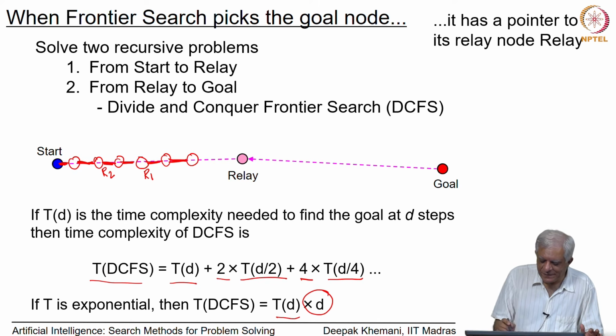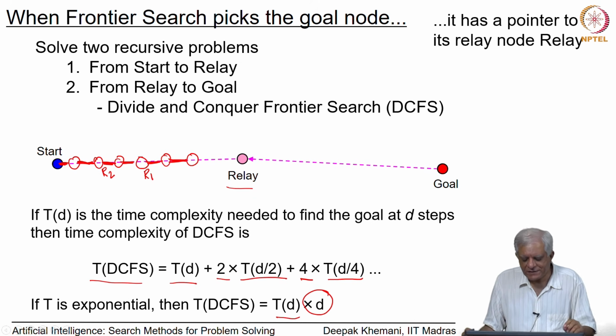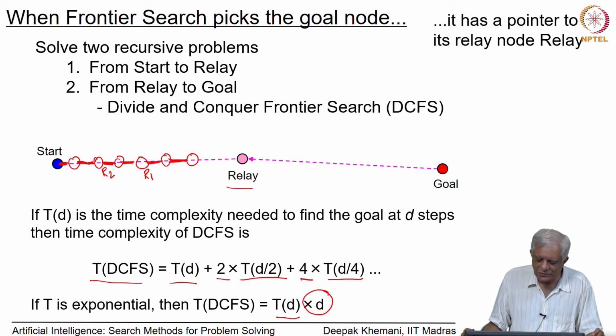This relay node in this diagram is a relay for the goal node essentially. So, we know that the path to the goal goes through that relay node. So, you recursively solve the path from start to the relay node and from relay to the goal node, and then that itself is solved recursively and so on, and we have this algorithm which does repeated searches to solve the problem.